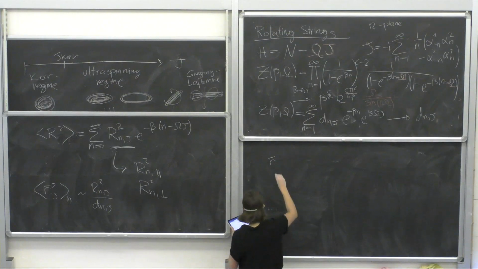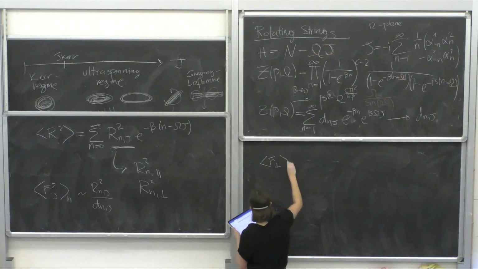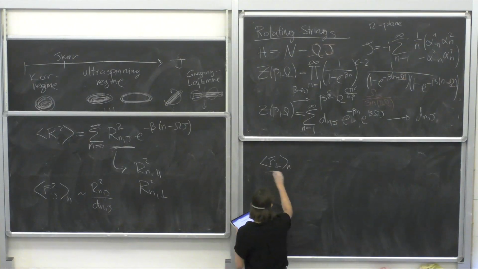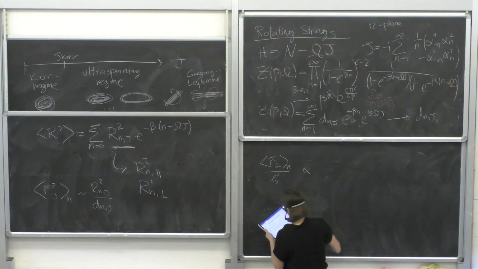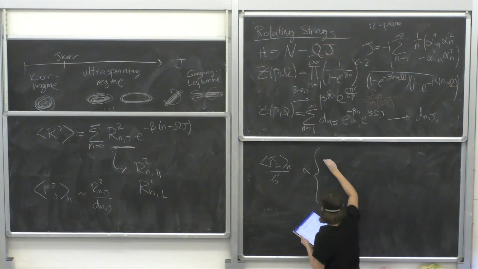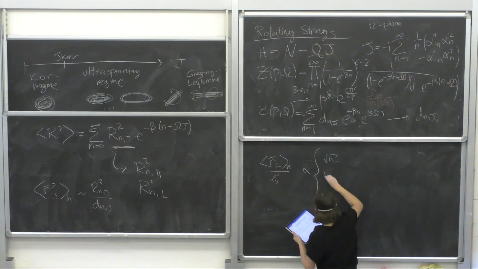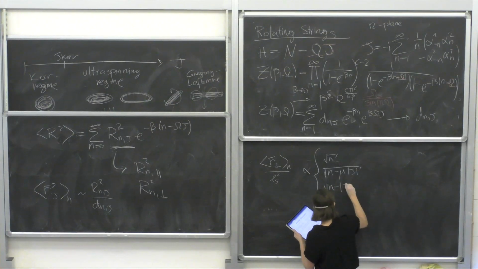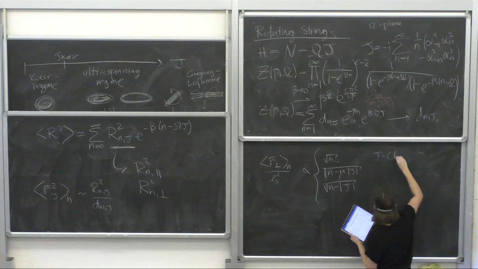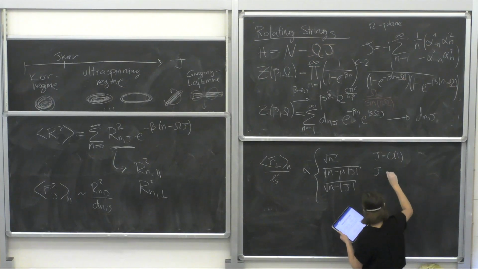So for the string, in the perpendicular direction, this quantity over there, now written, I put back the string scale here so that I have numbers on the right-hand side. Transverse to the rotation plane, I find the following sizes. There are three regimes that we're looking at. One is order 1 in terms of n.